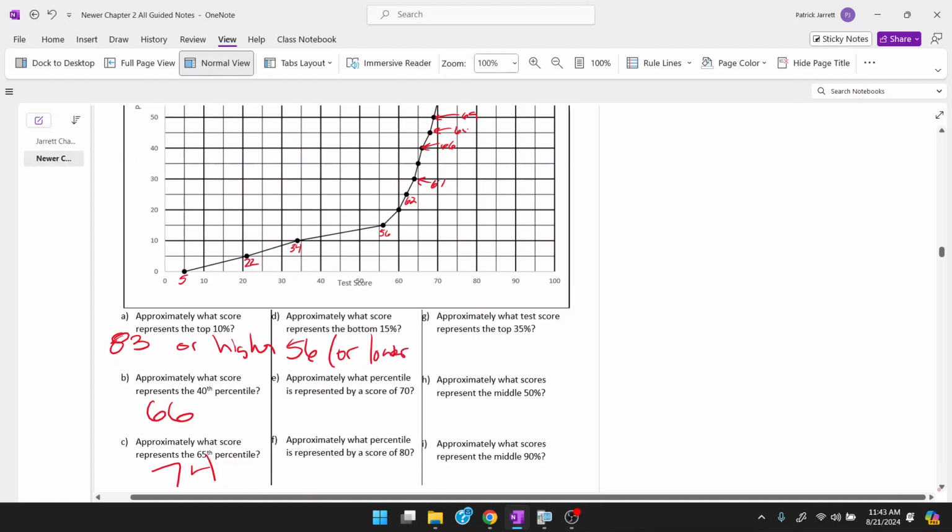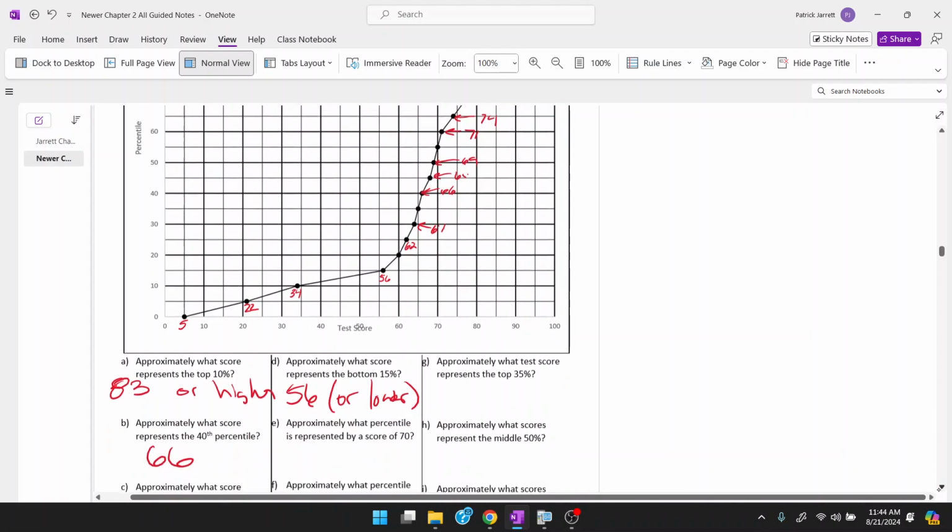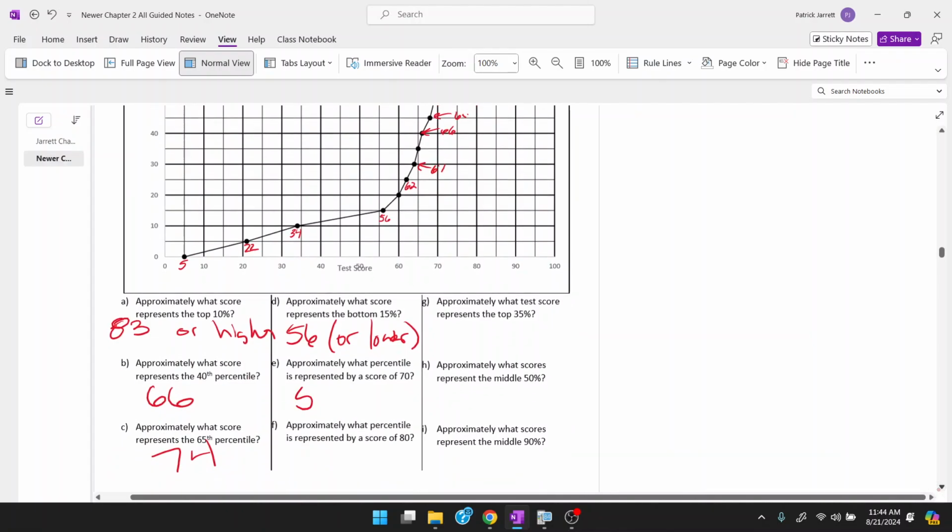Now, approximately what percentile is represented by a score of 70? 70 is right on the mark. So a score of 70 is what percentile? 55, or 55th.